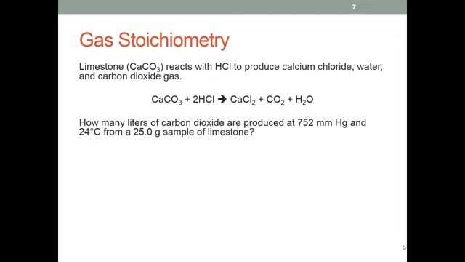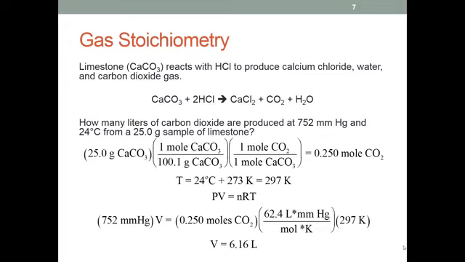Additionally, of course, we also have to convert our temperature to Kelvin. So 24 Celsius plus 273 Kelvin is 297 Kelvin.